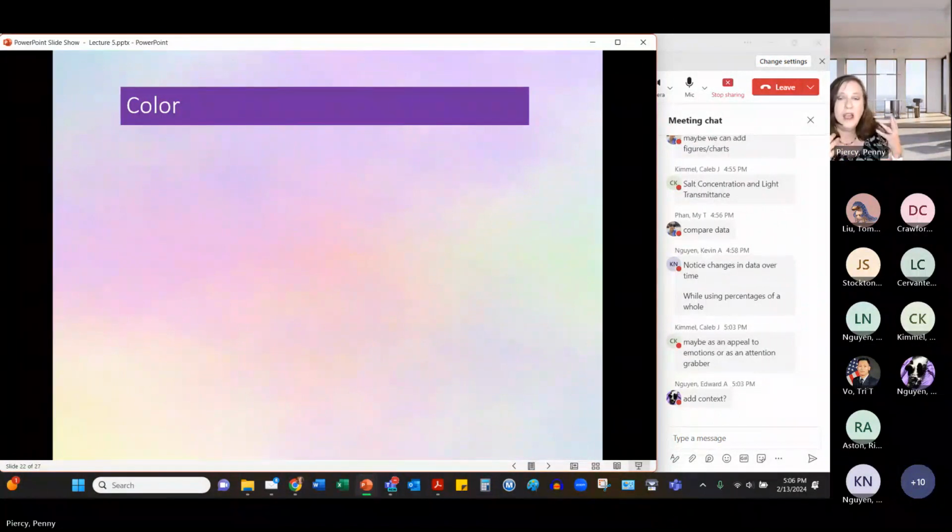So how or why might we apply color in technical communication? I mean, maybe if you've ever used color in a document, you might think about what you used it for, or if you've seen it used effectively somewhere. So what does color help to do for us?